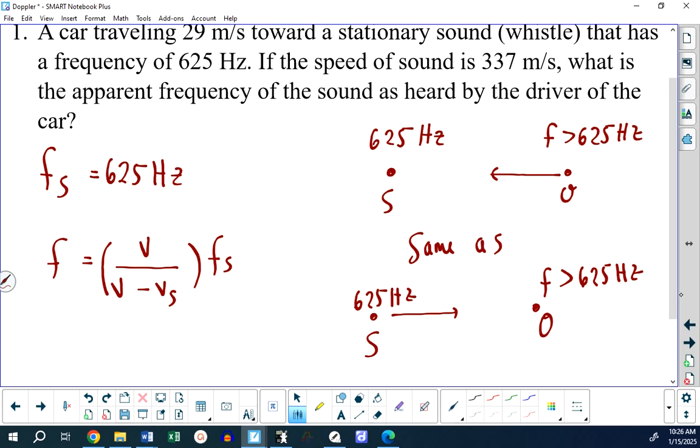You with me on that logic? Okay. When I was taught the Doppler formula, it was this. R for relative velocity. It doesn't matter which one is moving, it's the relative velocity. So even though this is the source, we're going to use the velocity of the observer because it's the one moving.